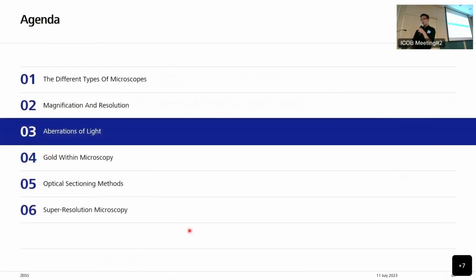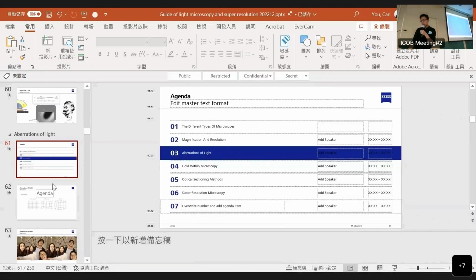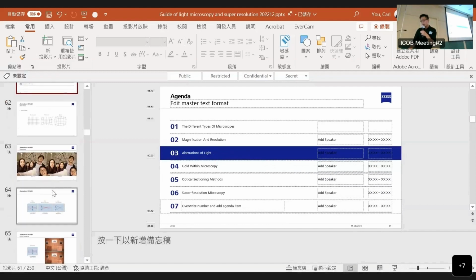So let's see. Carl, maybe we just go to the optical section, right? We can pass these two sections. Sorry, I need to go out of the slide.